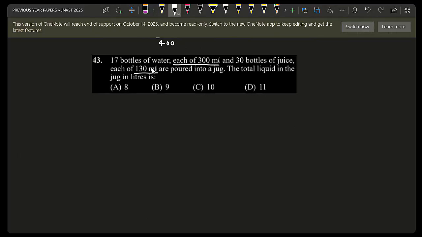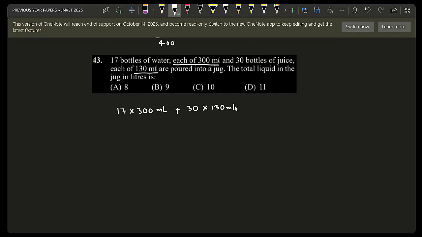First type of bottles, we have 17, each containing 300 milliliters of water, plus the second set, 30 in number, each containing 130 milliliters of juice. These two are joined together in a jug.